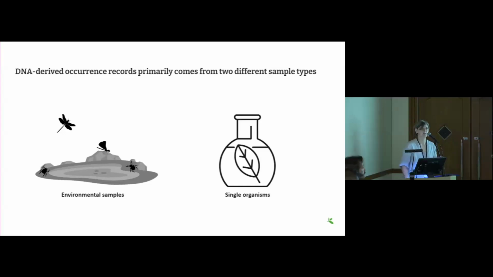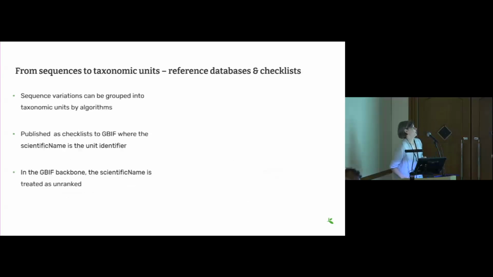This could be voucher specimens in museums where you extract DNA from the taxa and use this as a reference, so you can include it in a reference database. So basically you can detect all the species you find in the environmental samples based on these references coming from single organisms. So how are these reference databases generated?